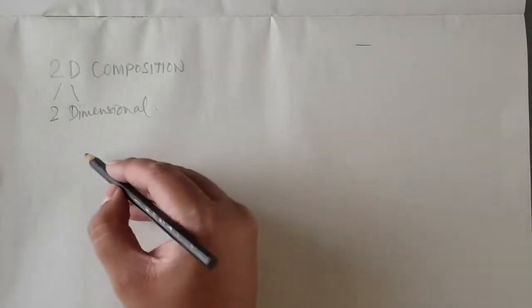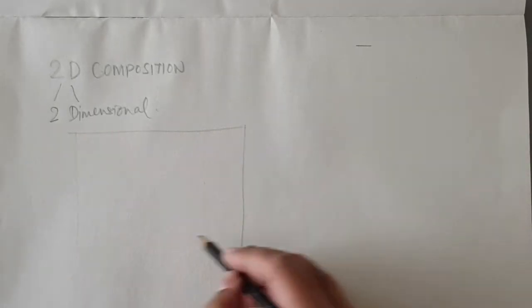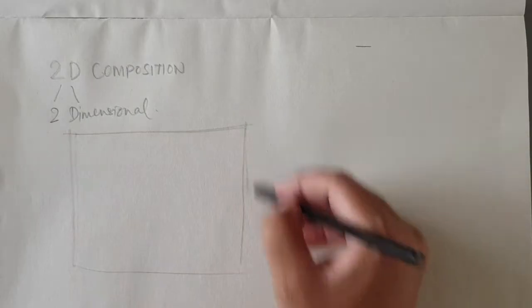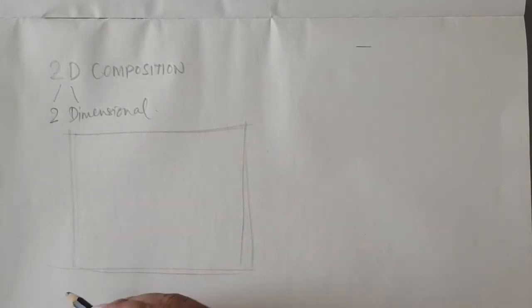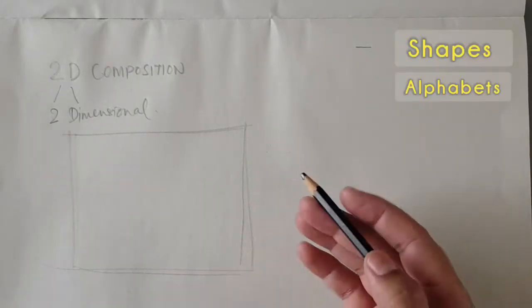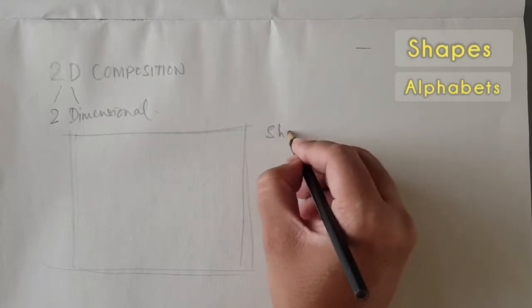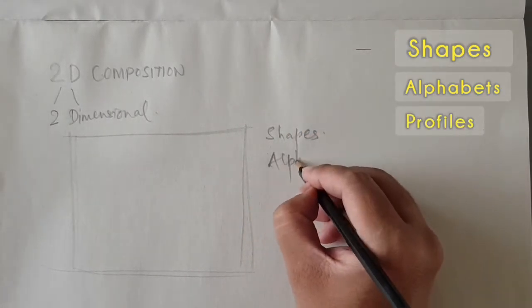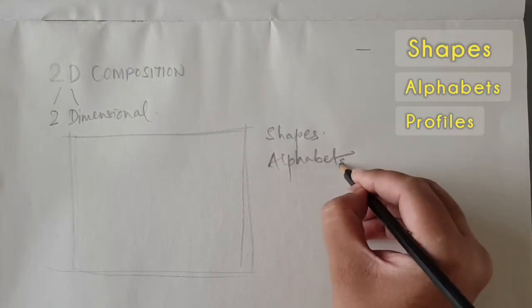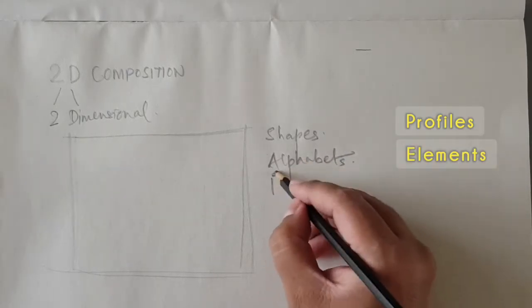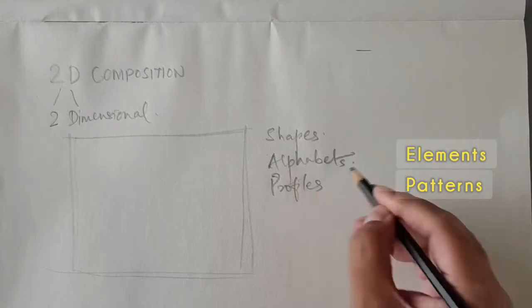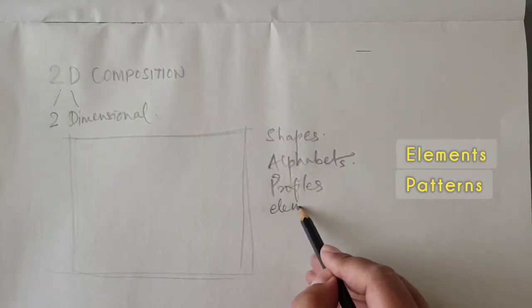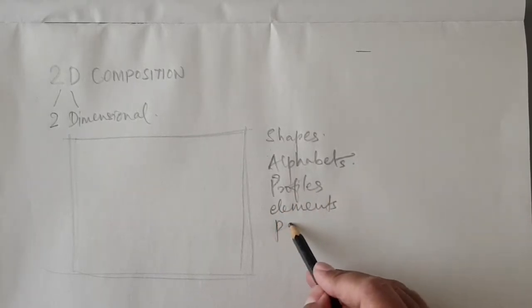Two-dimensional composition is one in which you combine different elements, and if you want to try, you can combine 2-3 different types of elements or shapes or alphabets. So basically you can use shapes, you can use alphabets, you can use profiles, or also you can use elements, you can use patterns.